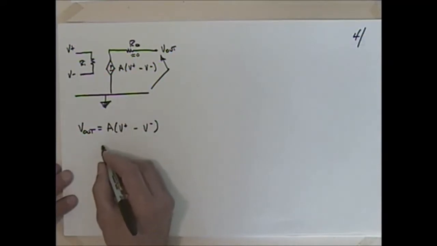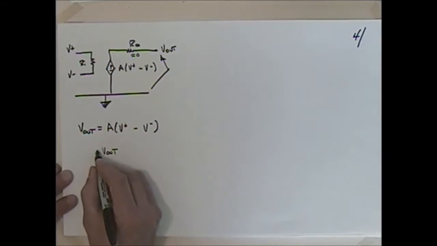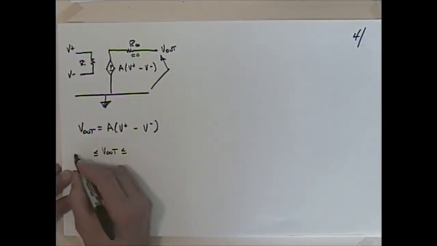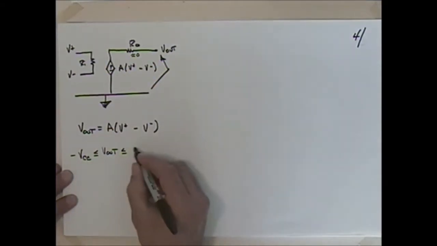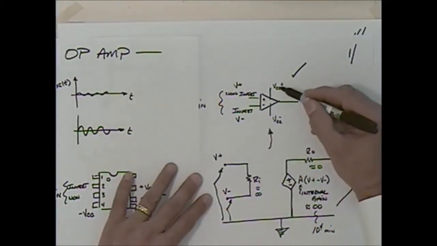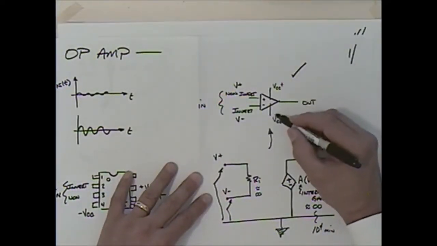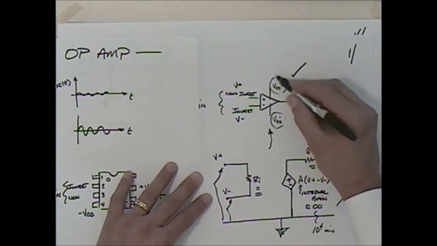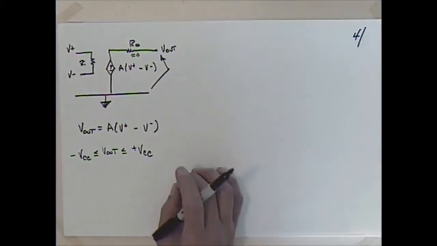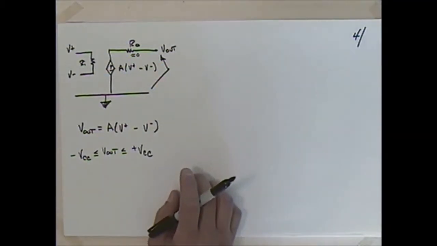We know that this V out has to be between our plus and minus VCC. So minus VCC and plus VCC. For instance, if we go back to this figure on page 1, this is what we're powering. This one here and that one there. That's how we're powering this thing. And we wouldn't expect to get more voltage out of it than we were putting in when we power it.